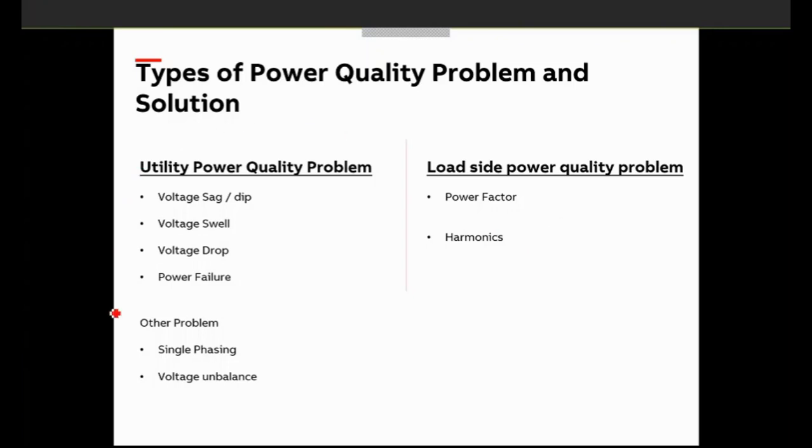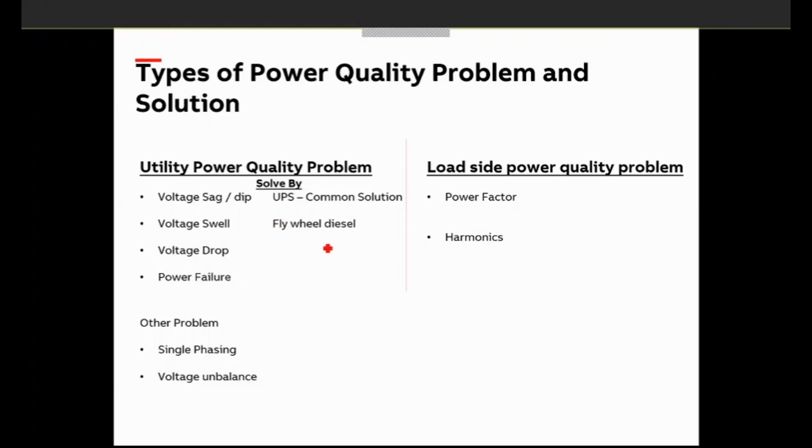And with these power quality problems, we can see different kinds of solutions. For the utility power quality problem, we usually solve this with UPS. UPS is our common solution, especially for power failure. For advanced solutions, we consider flywheel and diesel generators.